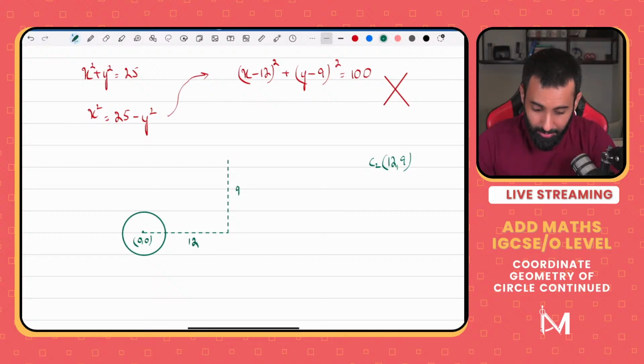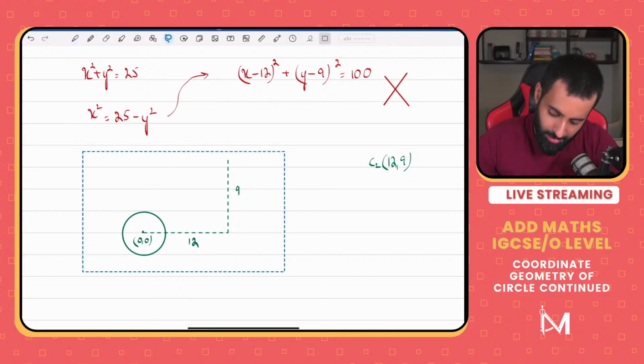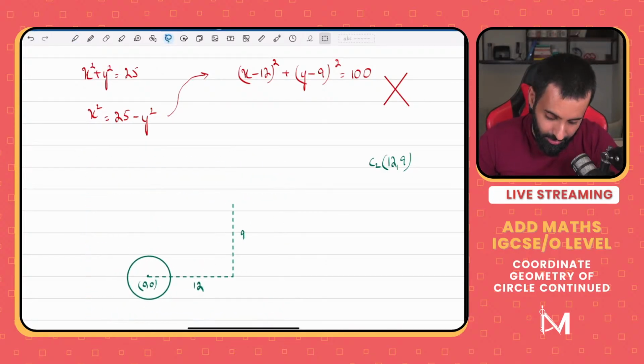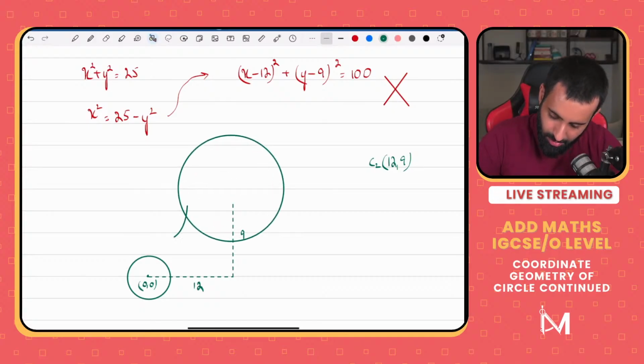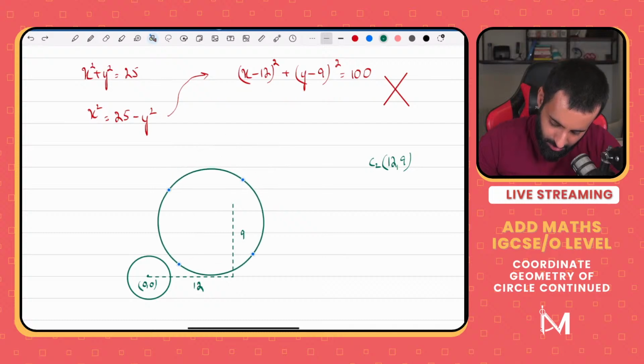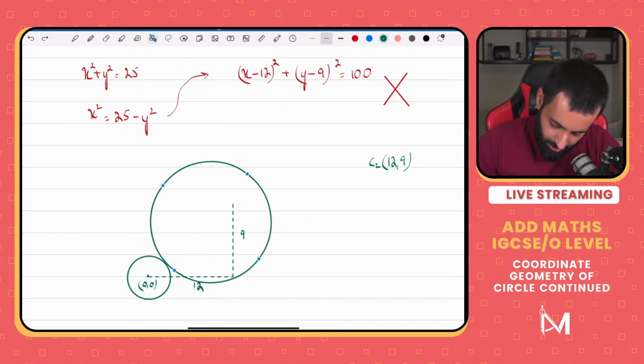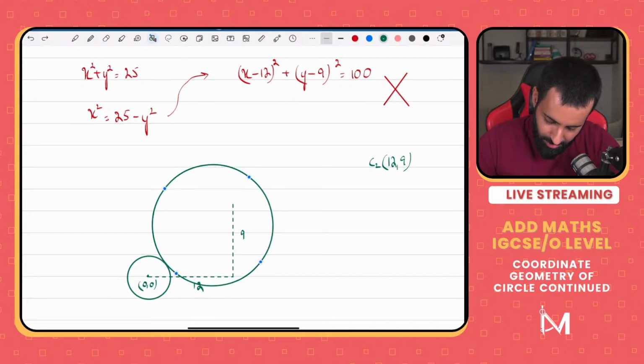That is where we will find the center of the circle. That means the other circle, the big circle, is going to be something like this. Not drawn to scale, obviously. So these are the two circles that are touching.